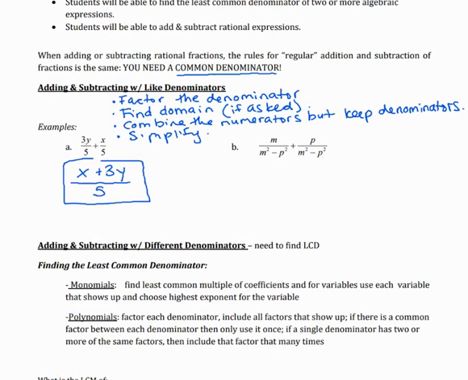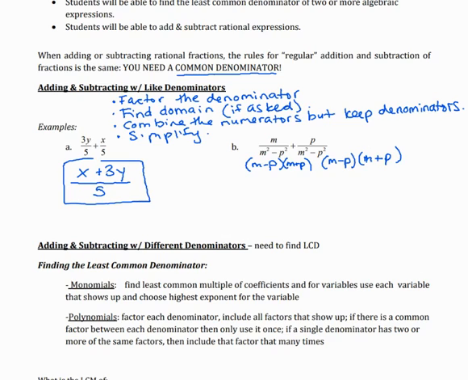Okay? For B, very straightforward. Again, we have common denominators, but I'm going to factor them. That denominator is m minus p and m plus p for both of them. So now, if I asked to find the domain, you would do so. In this case, I wouldn't ask that since we have our two variables.